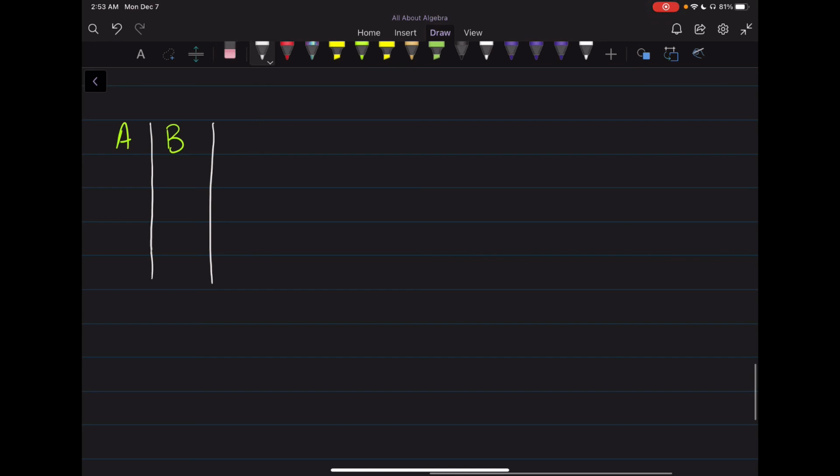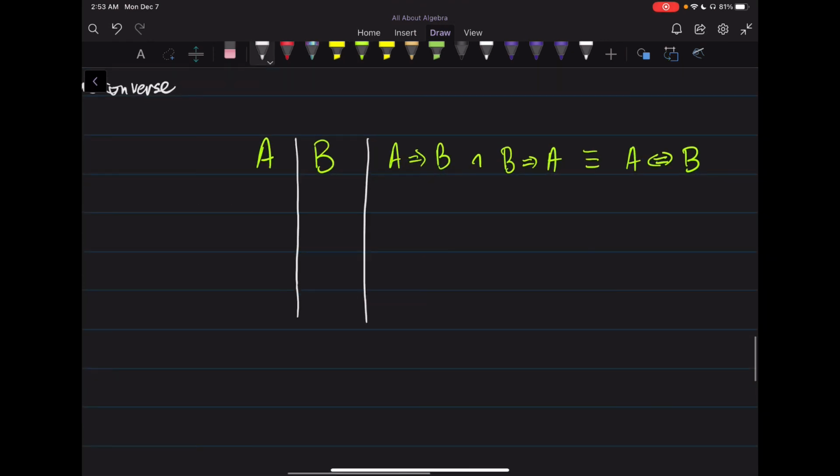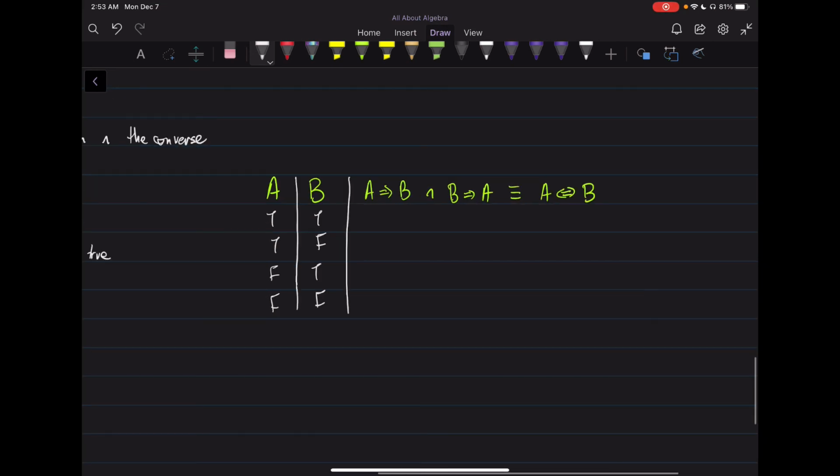And again, this is the same thing as saying A double implication B, right? So again, we have true, true, false, false, true, false, true, false.